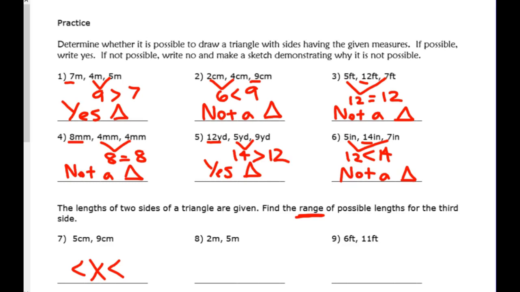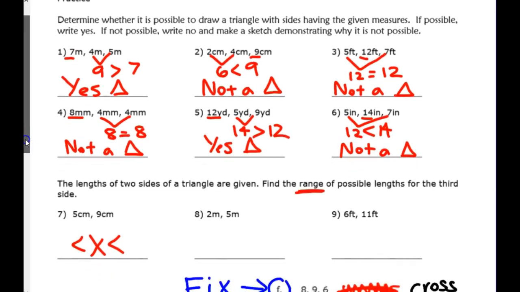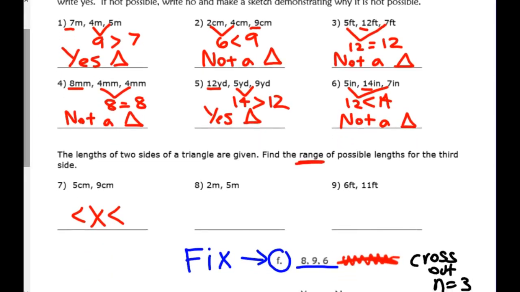So how do you figure this out? I will tell you. To get this number right here, you are going to subtract 9 and 5. To get this number right here, you're going to add 9 and 5.